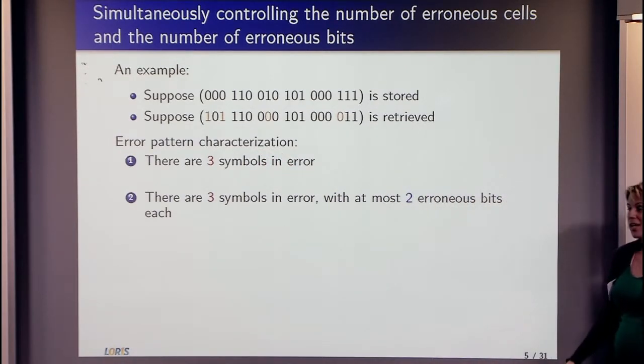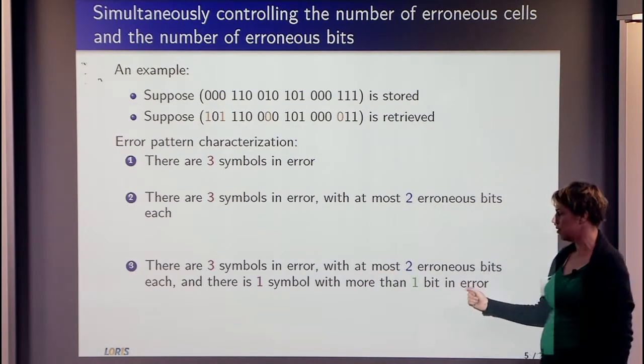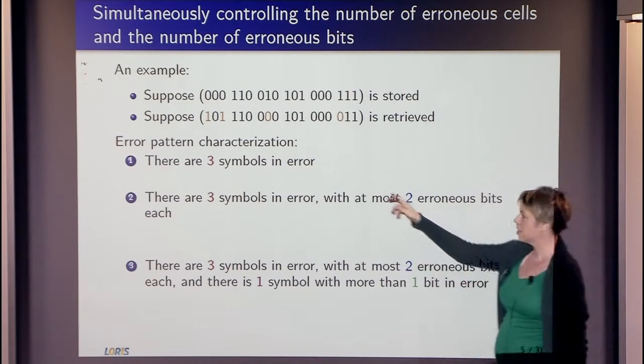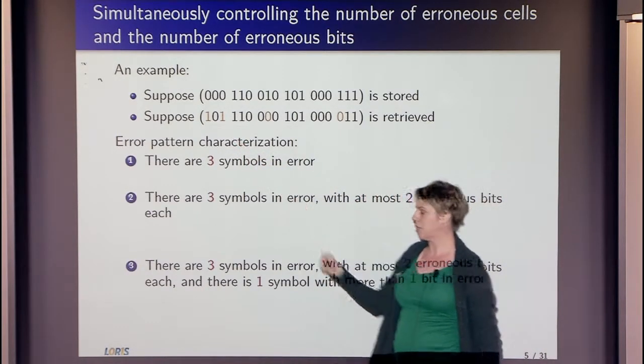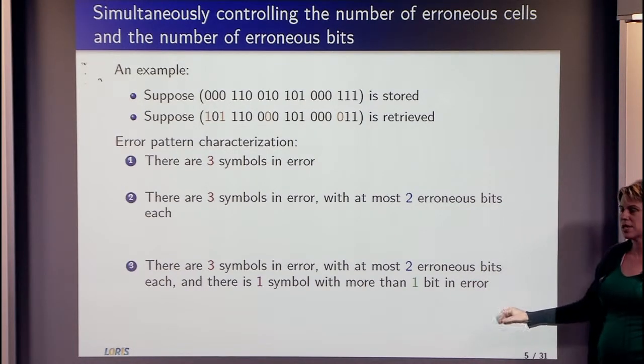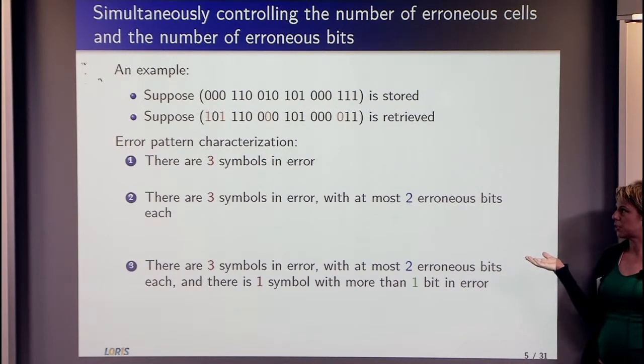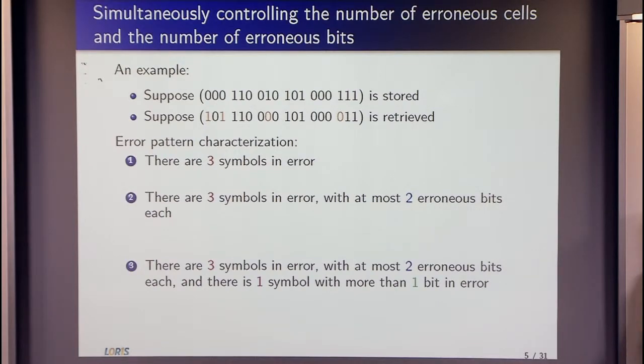I can be even more refined than that and say there were 3 symbols in error, there were at most 2 erroneous bits per erroneous symbol, and it occurred exactly here, and there was only 1 symbol that had 1 bit in error. The sentence is a little bit convoluted at the moment, but the idea is that what we want to capture here is the fact that most of the time there was a very small number of bits in error per erroneous symbol. However, we do want to account for the fact that there may be some symbols that have more than 1 bit in error.